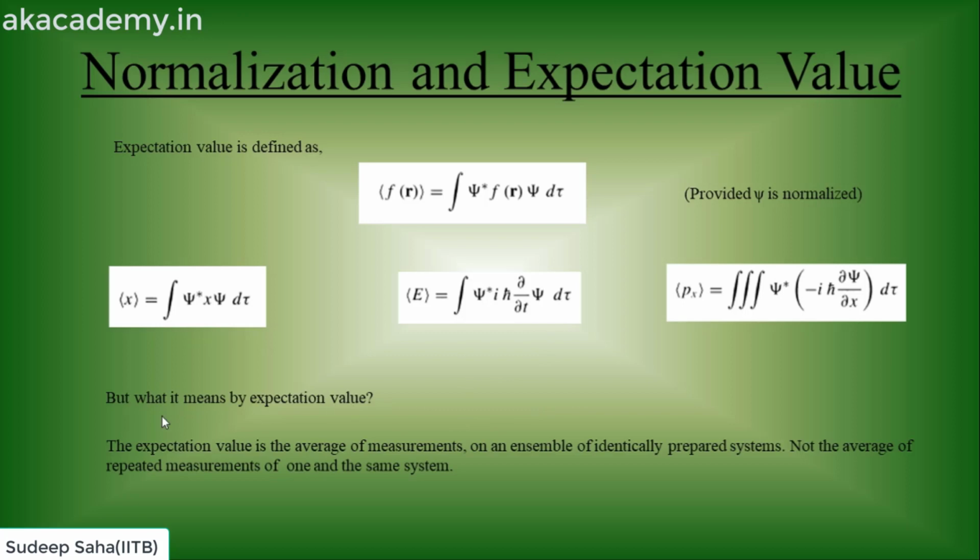So what is meant by expectation value? The expectation value is the average of measurements on an ensemble of identically prepared systems. This is a very complex statement, so I read it once again: the expectation value is the average of measurements on an ensemble of identically prepared systems, not the average of repeated measurements of one and the same system. Why is it so? Remember I told you that we cannot say with 100% accuracy where the particle was before measurement.